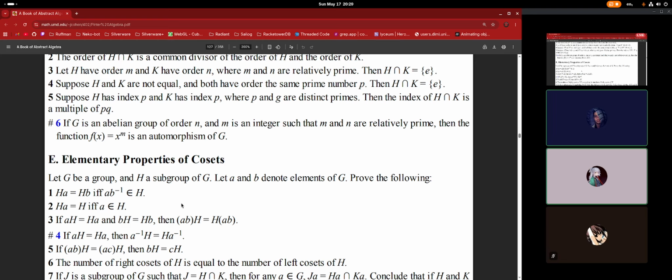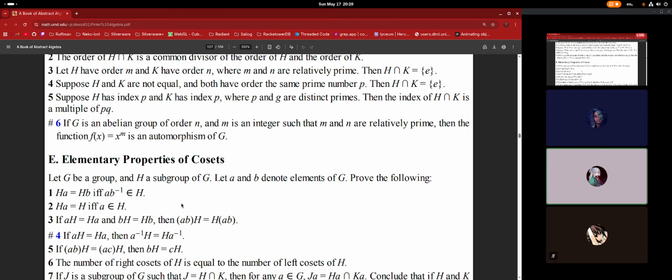So A is clearly in HB. And A is also clearly in HA, because if you take the element of H to be the identity element, then EA is just A, right? Yes.